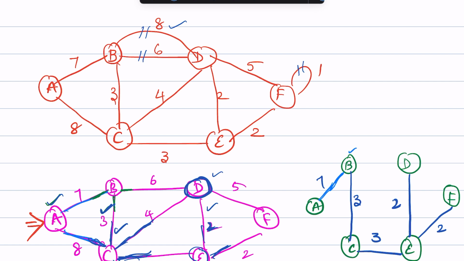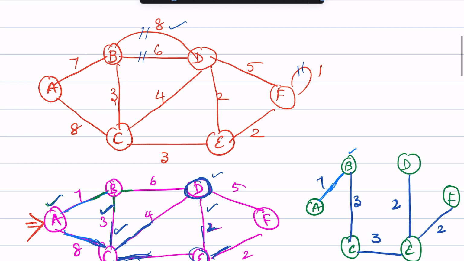The total cost of this Prim's algorithm is 7 plus 3 plus 3 plus 2 plus 2. So it is going to be 10, 13, 14, 15, 16, 17. So the total cost is 17. So this is the working of the Prim's algorithm.